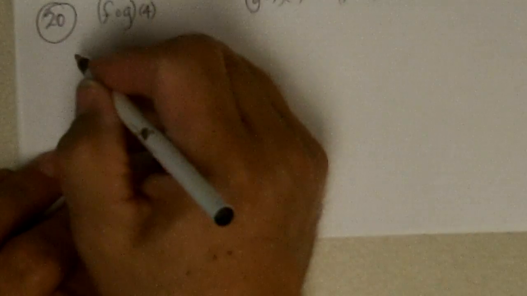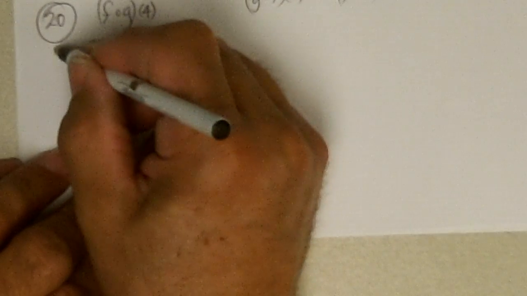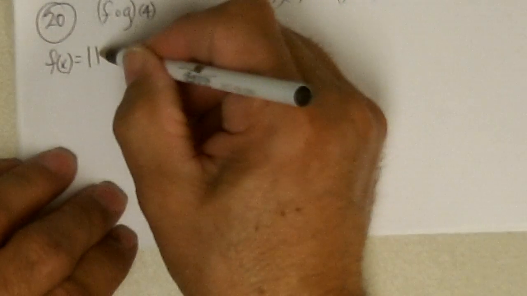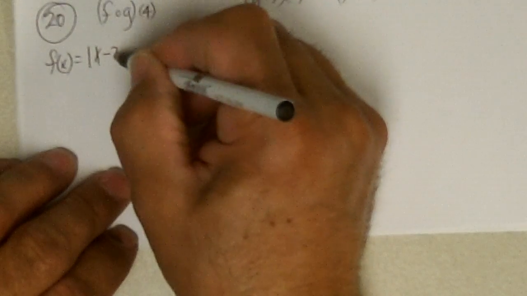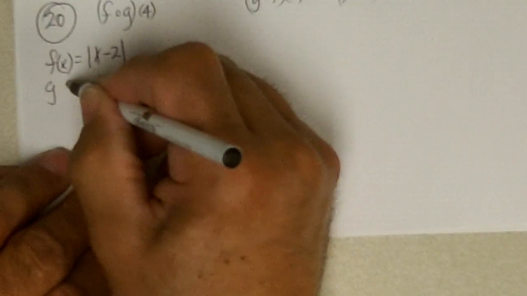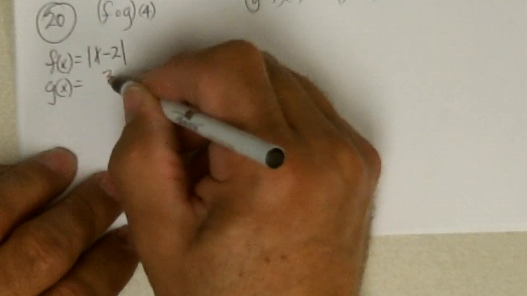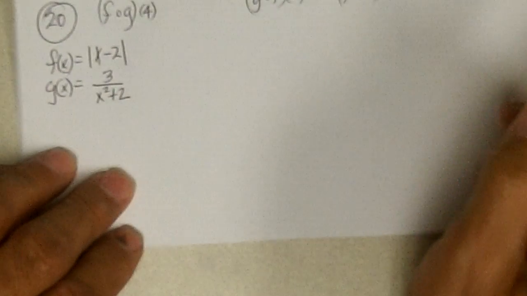And what do we know? Oh, they're going to change f and g on us. So number 20, f of x is the absolute value of x minus 2. And g of x is 3 over x squared plus 2.